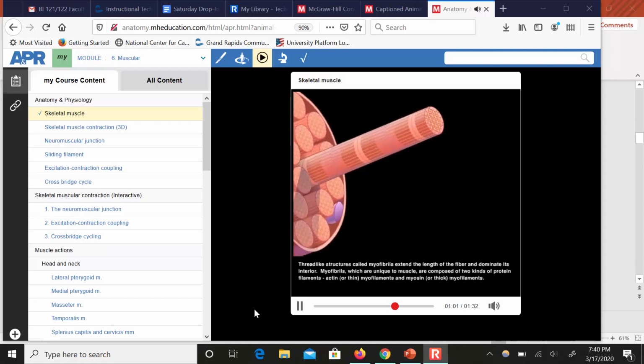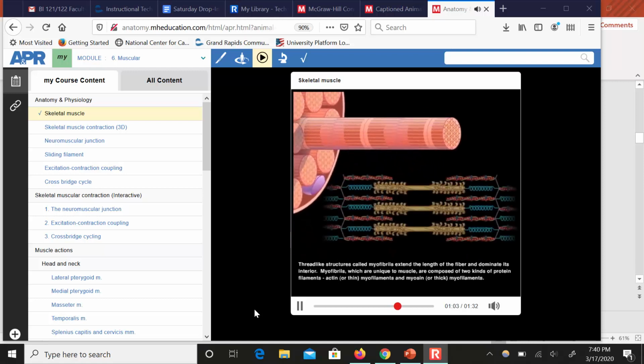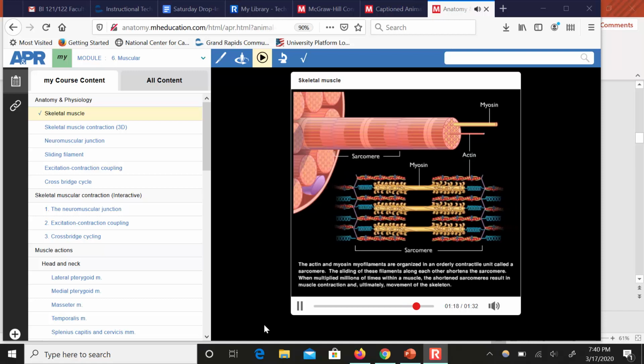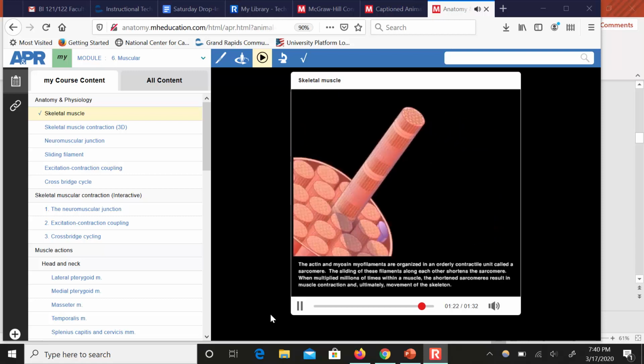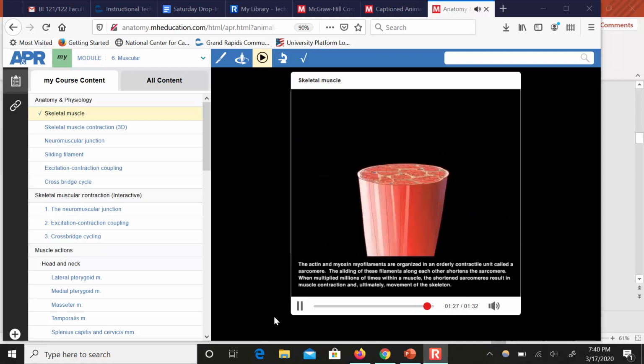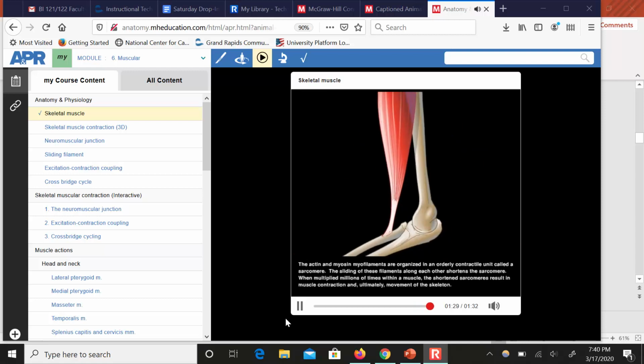Myofibrils, which are unique to muscle, are composed of two kinds of protein filaments, actin or thin myofilaments and myosin or thick myofilaments. The actin and myosin myofilaments are organized in an orderly contractile unit called a sarcomere. The sliding of these filaments along each other shortens the sarcomere. When multiplied millions of times within a muscle, the shortened sarcomeres result in muscle contraction and ultimately movement of the skeleton.